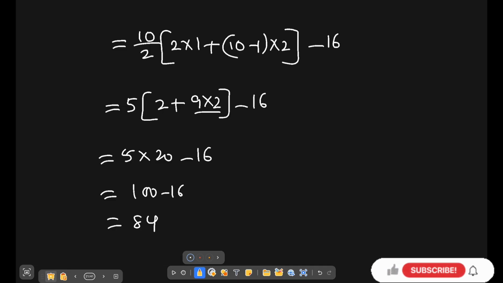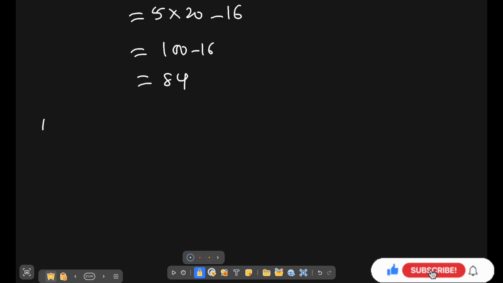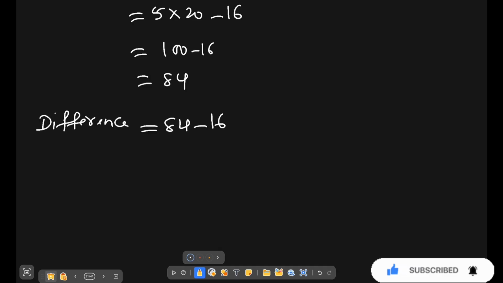Now what is the difference? So the difference between these numbers of triangles will be 84 minus 16. The total number of triangles from the fifth row to the 10th row is 84, and the total number of triangles from rows 1 to 4 is 16.